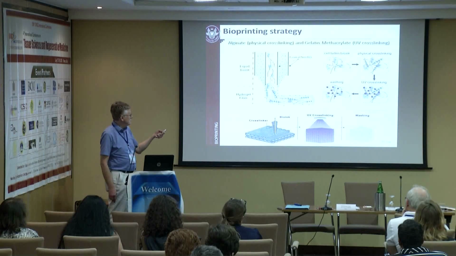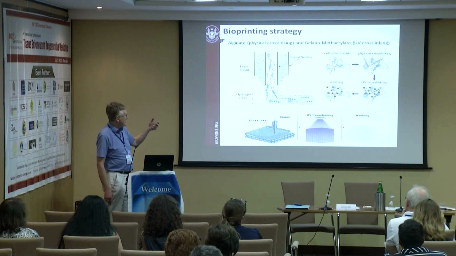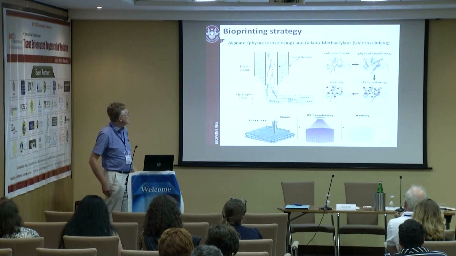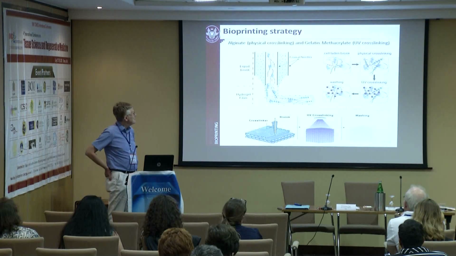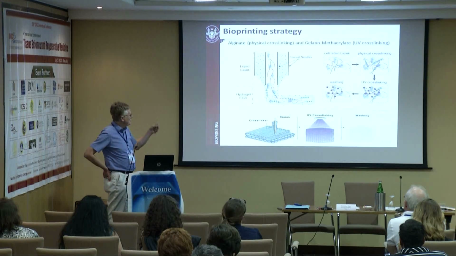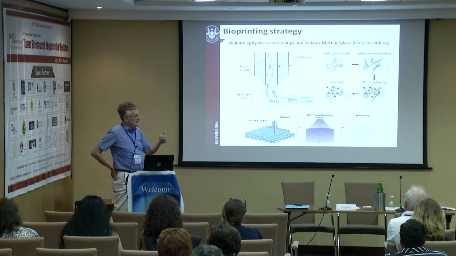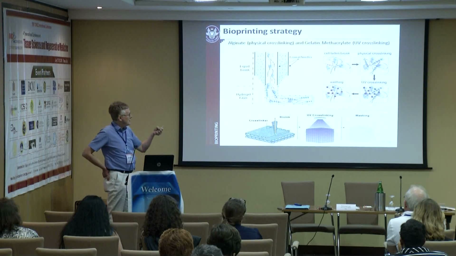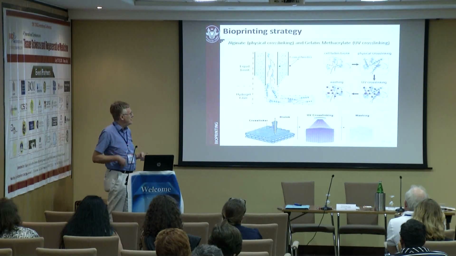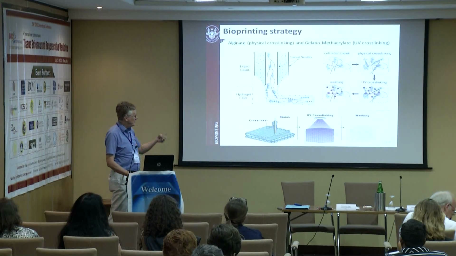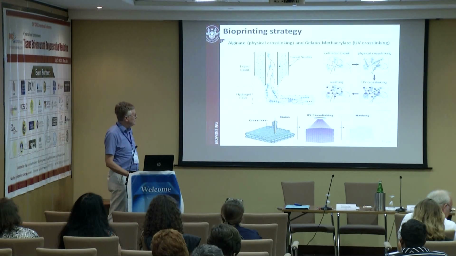So, again, in a similar fashion as shown before, we extruded a blend of alginate, gelatin methacrylate, cells, and a radical photoinitiator through the internal needle, and the calcium chloride through the external needle. After being deposited, the scaffold is exposed to UV light to promote the chemical cross-linking among gelatin chains.